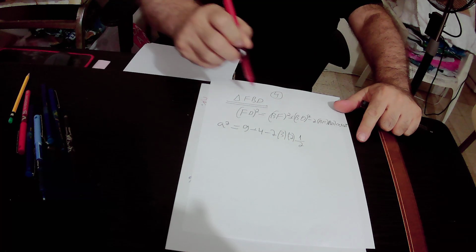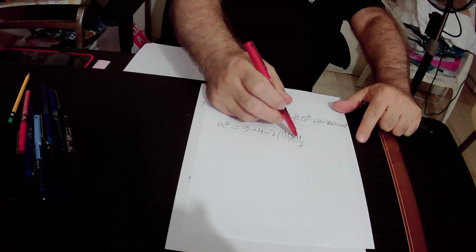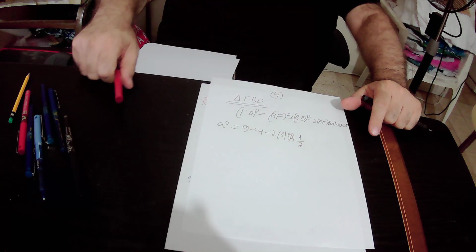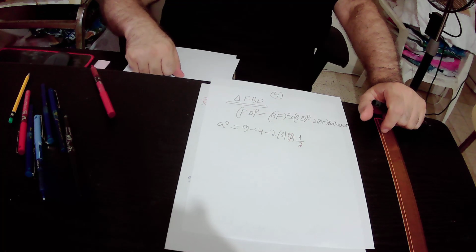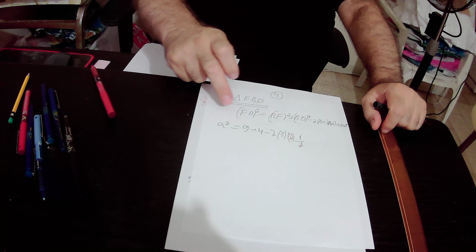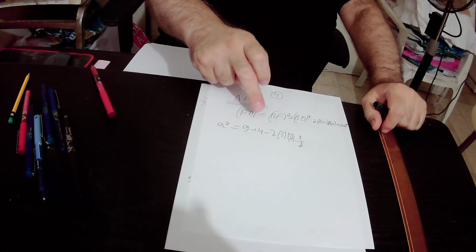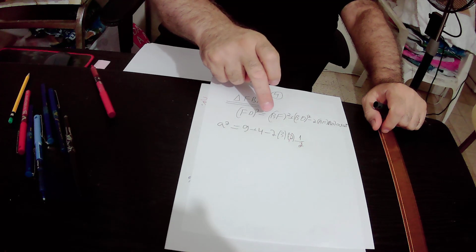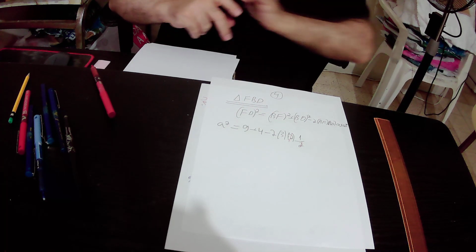Here 2 over 2 is 1, so 2 is cancelled, and what is left is A square equals 9 plus 4, that is 13, minus 2 times 3 is 6.